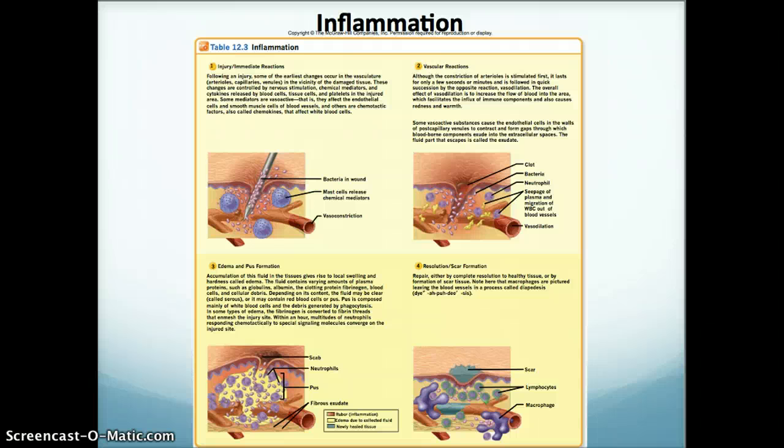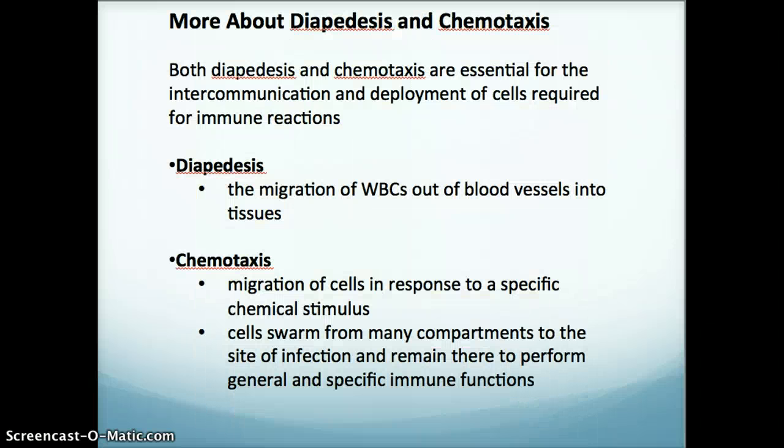So after inflammation, we actually have a few different vocabulary words that I'd like to talk about that take part in inflammation. We have diapedesis, which is the migration of white blood cells out of blood vessels into damaged tissue.